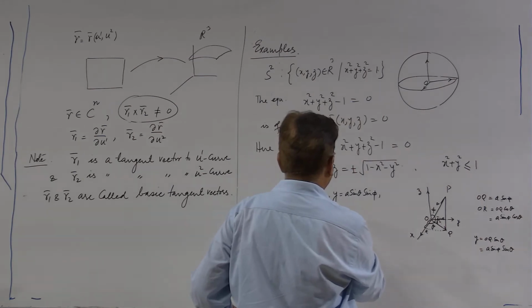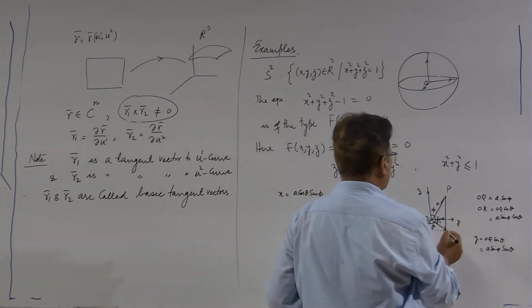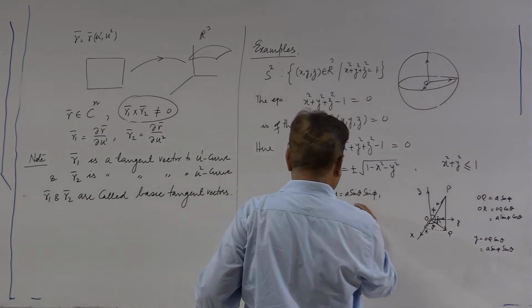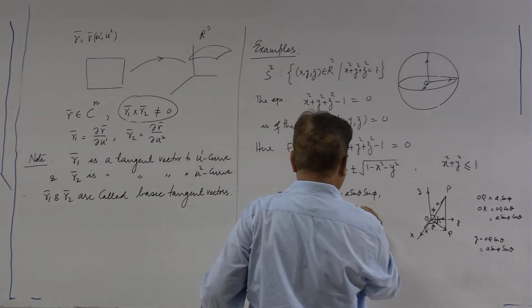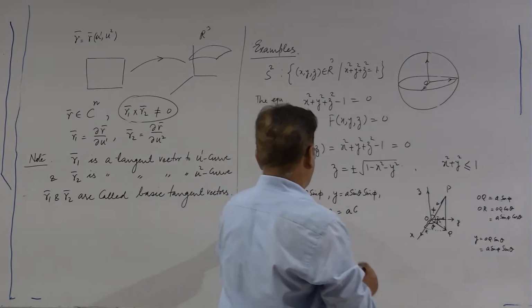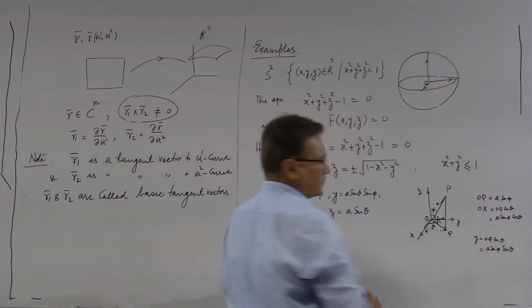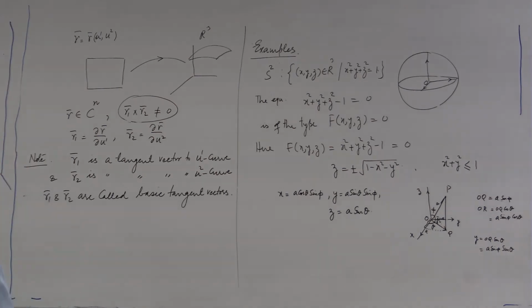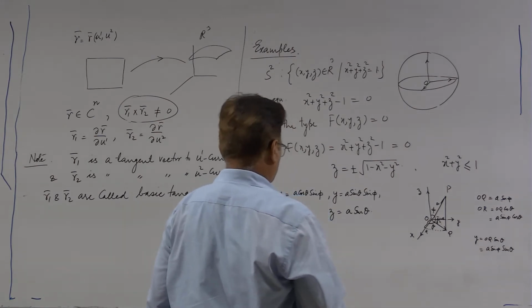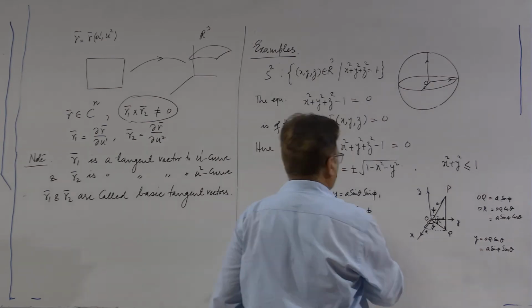And similarly, you can see what the z coordinate is. This is the z coordinate, and the angle is 90 minus phi, so it is a sin(90 minus phi), which means a cos phi.